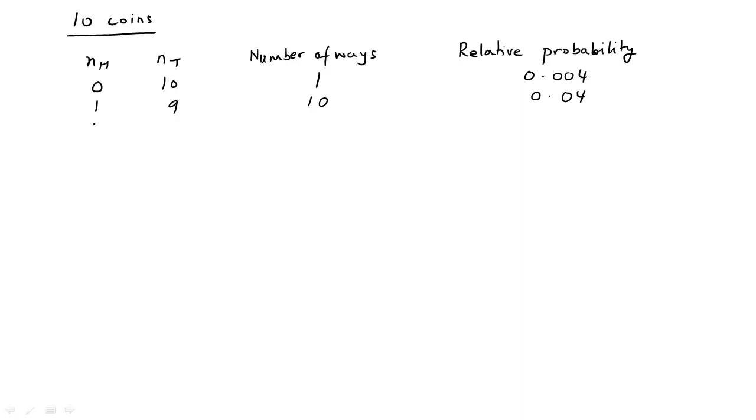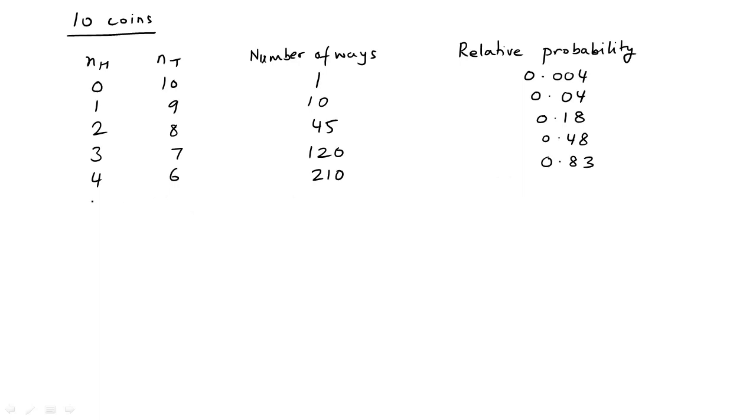Then there's the distribution with 2 heads and 8 tails. The number of ways is 45 and the relative probability is 0.18. 3 heads and 7 tails, the number of ways is 120 and the relative probability is 0.48. 4 heads and 6 tails, number of ways 210, relative probability 0.83.